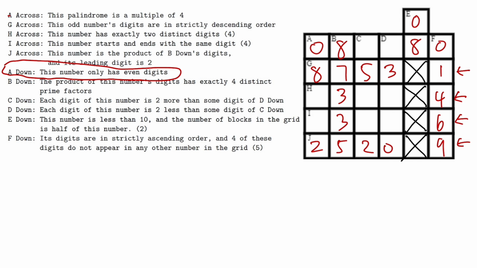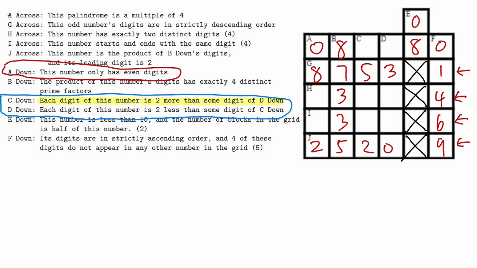Now, perhaps let's figure out C down. C down and D down sound extremely confusing. Let's read C down first. C down says each digit of this number is 2 more than some digit of D down.